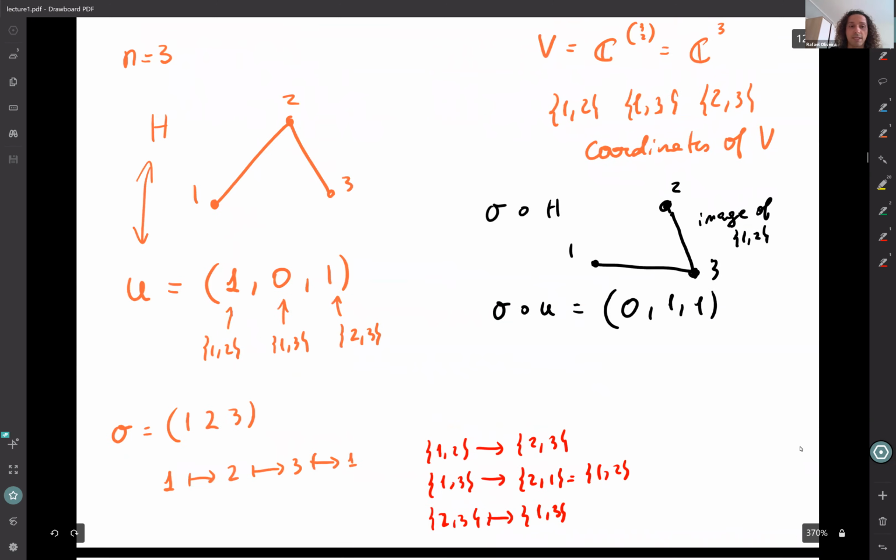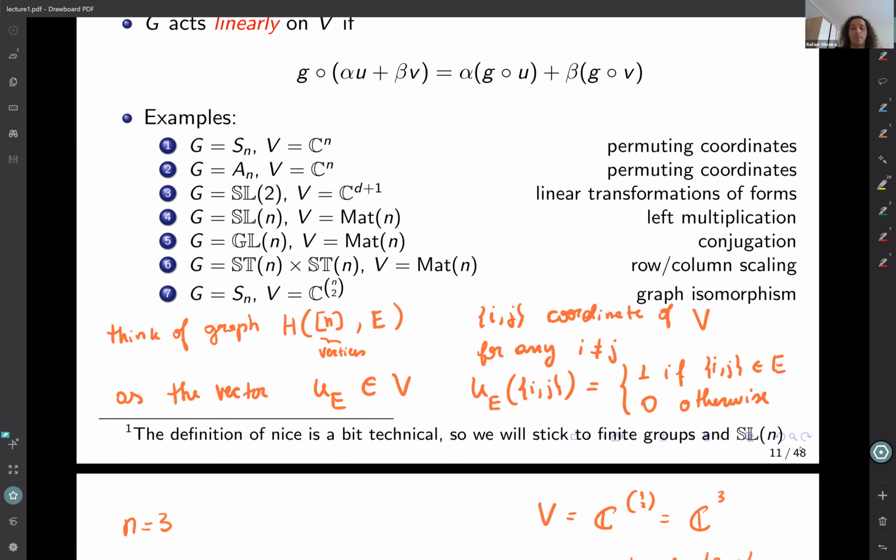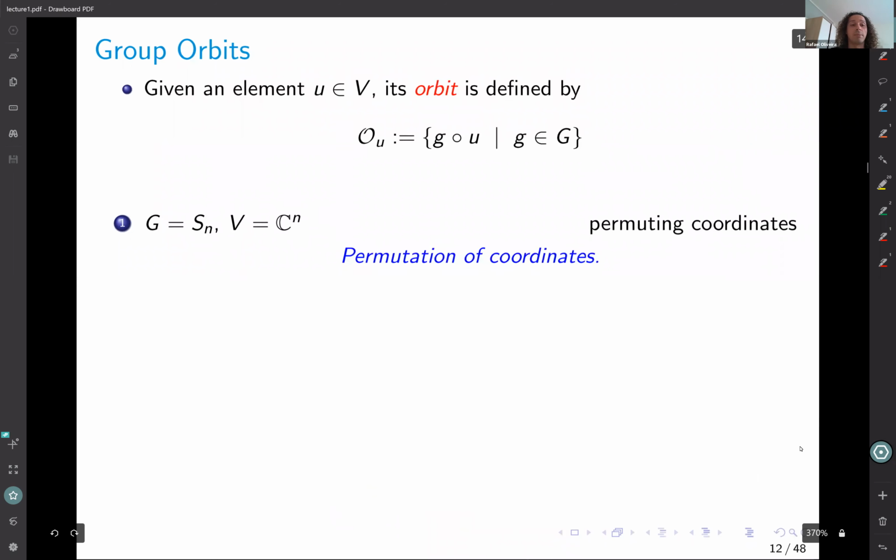Okay, so now we have seen plenty of examples of group actions, and now let's talk a little bit about the geometry of these actions, right? Let's talk a bit about the orbits. If I give an element U of the vector space V, we can define the orbit of this element as the set of all elements of the form GU, where G is in our group.